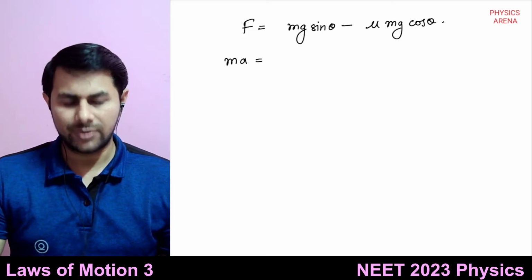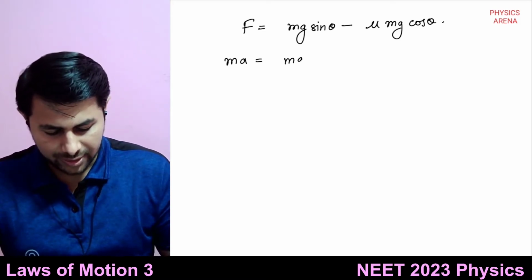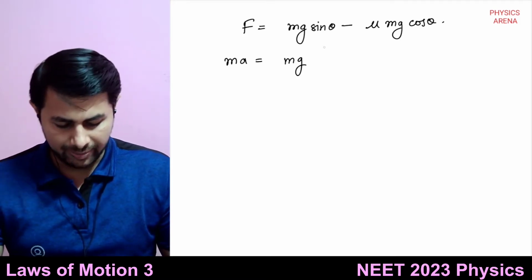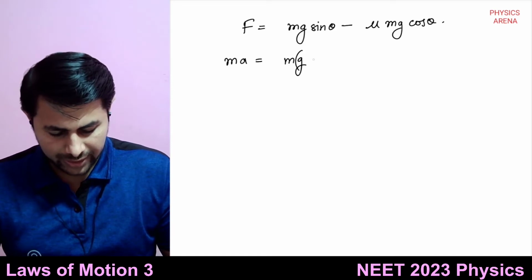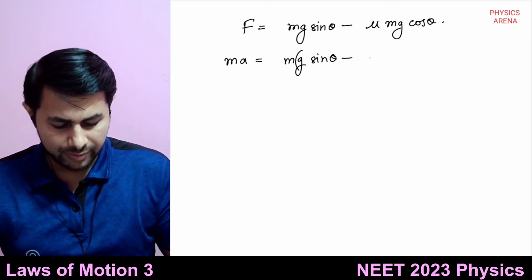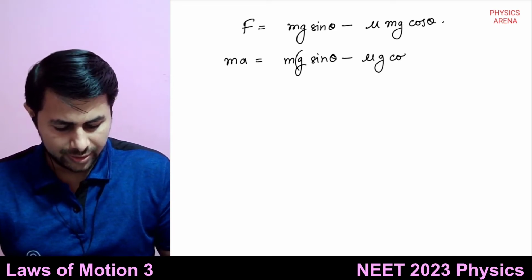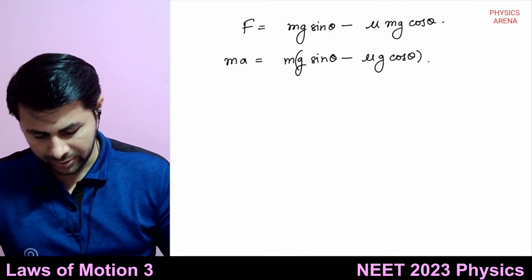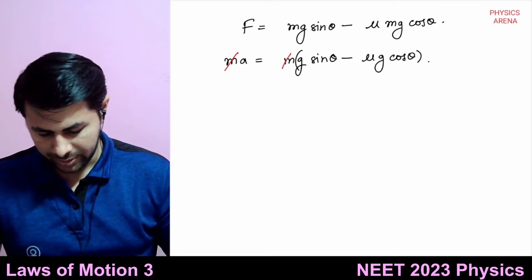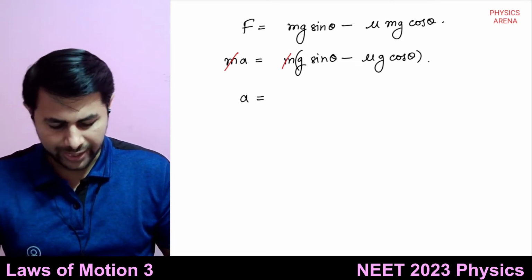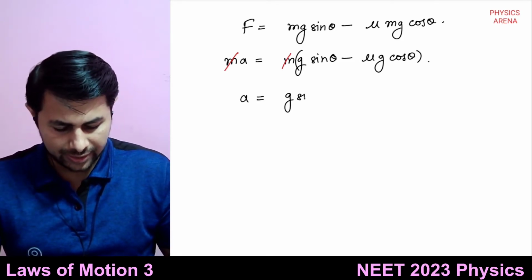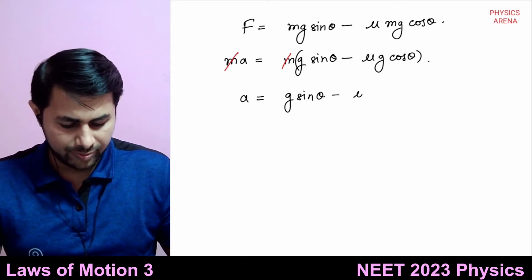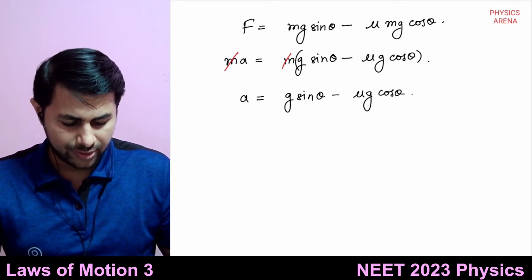I can take m common: g sine theta minus mu times g cos theta. You can cancel out m, and then you get the formula for acceleration, which is g sine theta minus mu times g cos theta.